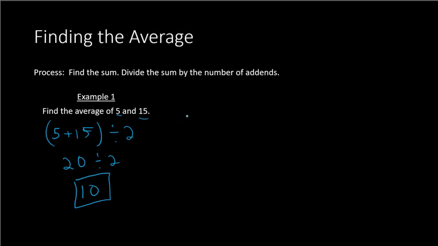And maybe a way of thinking of this, even with at least 2 numbers, so if you think of a number line, here's 0, 2, 3, 4, 5 is right here, 6, 7, 8, 9, 10, 11, 12, 13, 14, 15 is over here. What we're basically finding is what number is in the middle, in between 5 and 15. So we found it to be 10, so it's 6, 7, 8, 9, 10 right here.